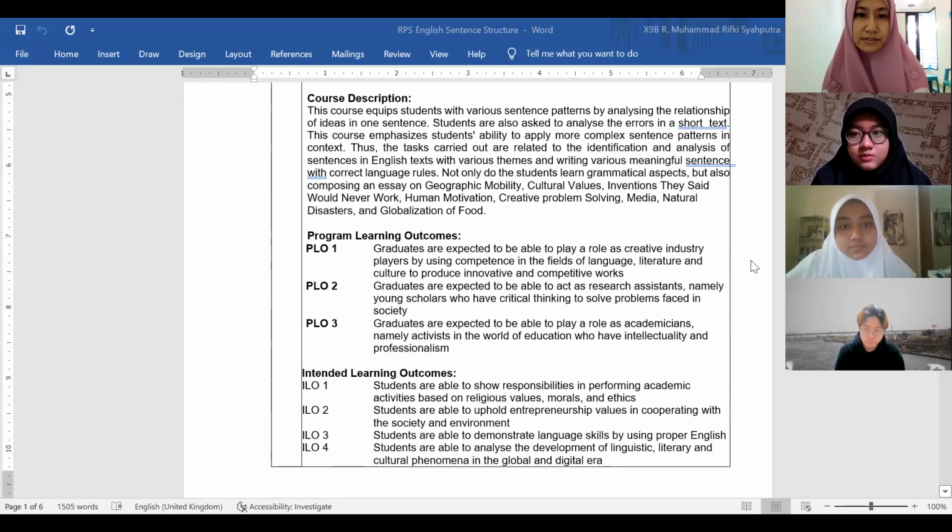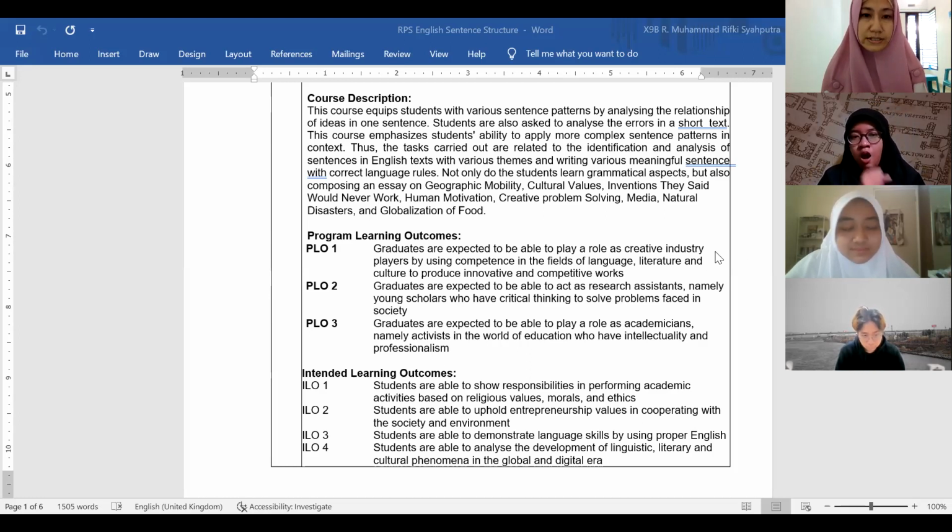In this course, students will be equipped with various sentence patterns by analyzing the relationship of ideas in one sentence. So the students are also asked to analyze the error in short text. So we have done it in pre-test kemarin ya.